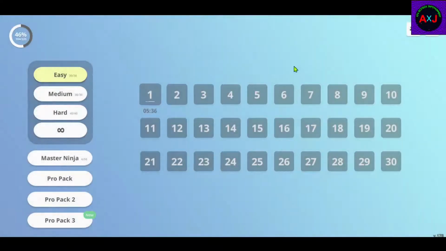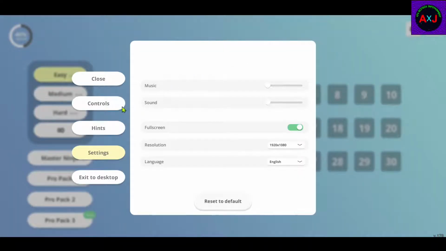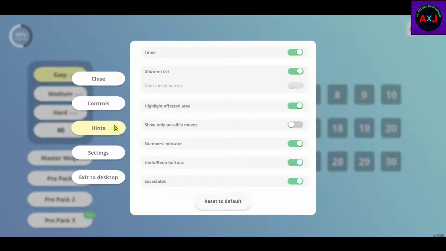An easy way would be to go into options and select show possible moves. This will save a ton of time by removing the easy choices.